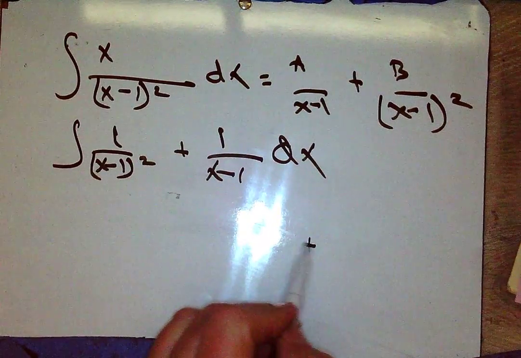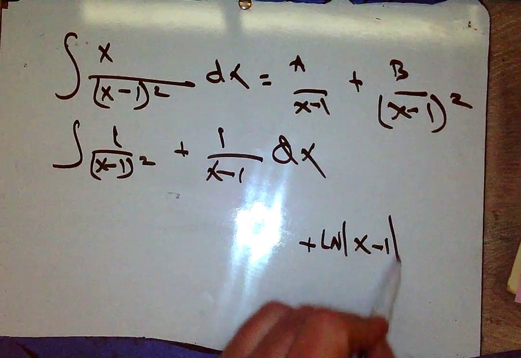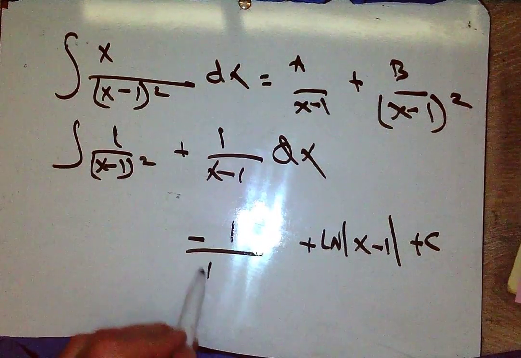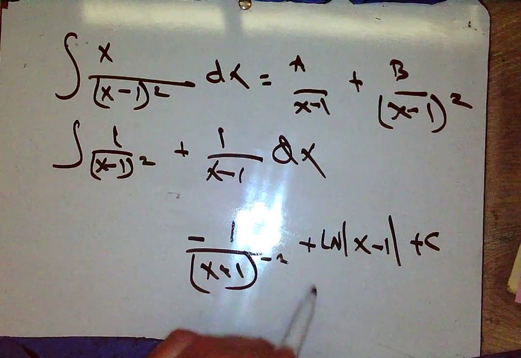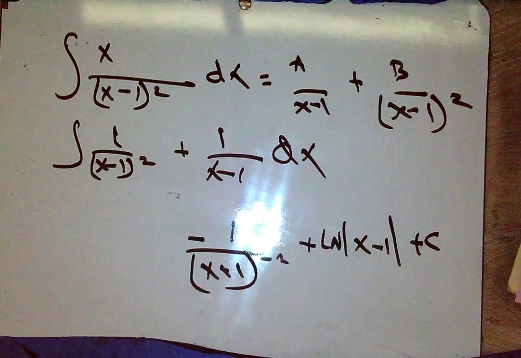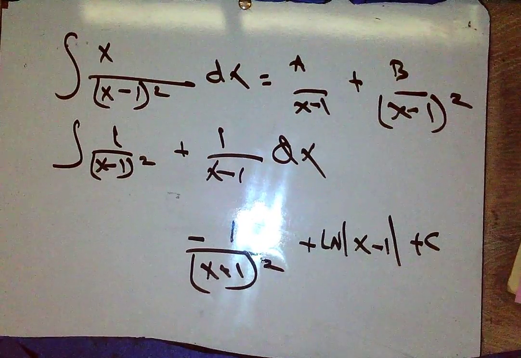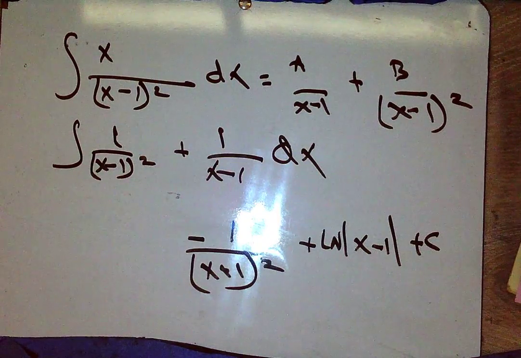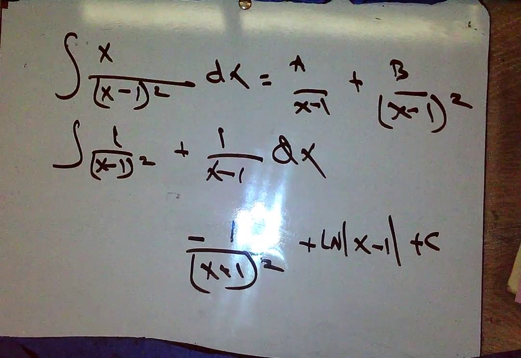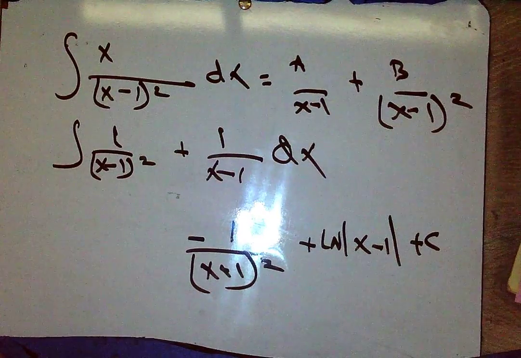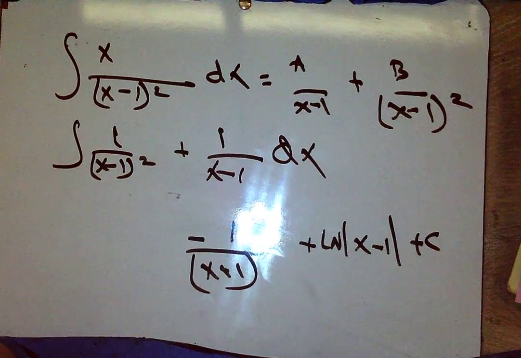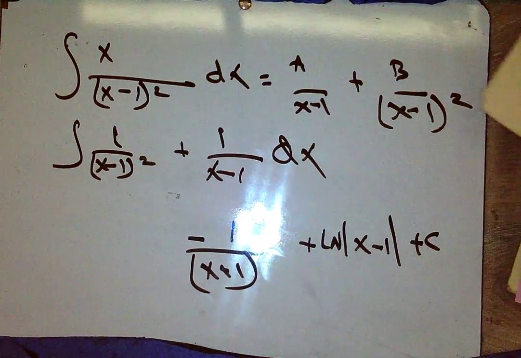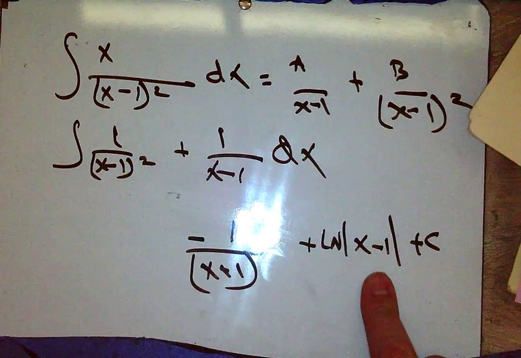So, yes, that is going to be ln. But over here, no. This is going to be 1 over x minus 1 to the minus 1. Oh, positive. If I move it up to the top, then it's x minus 1 to the minus 2. Yep. And yep.